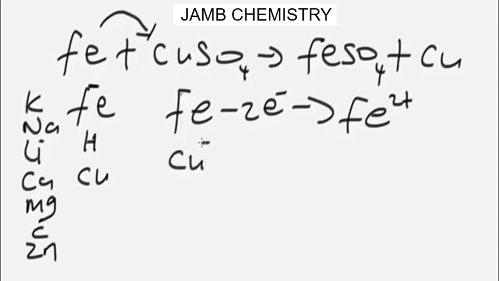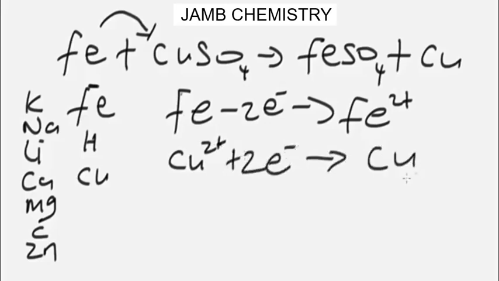So this is basically what happened in this reaction. The iron got oxidized, whereas the copper got reduced. Note this: in displacement reaction, it's always the metal ion that gains electrons and is reduced, whereas the metal atom always loses electrons and is oxidized.